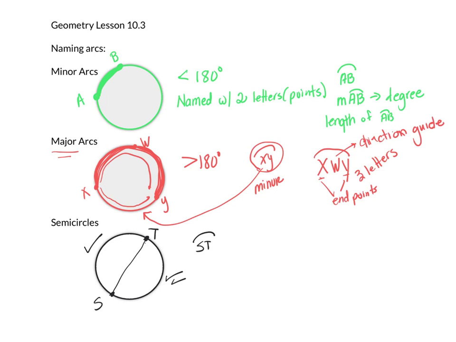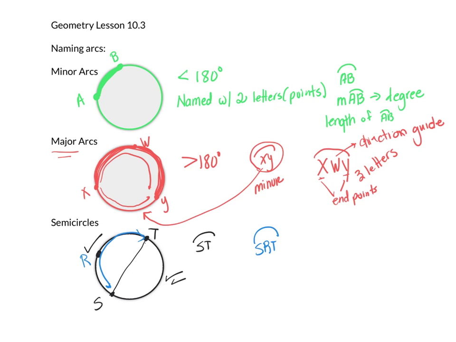So again, I need a direction letter in between. So if I put, let's say, an R in here, then arc SRT is going to be this piece.